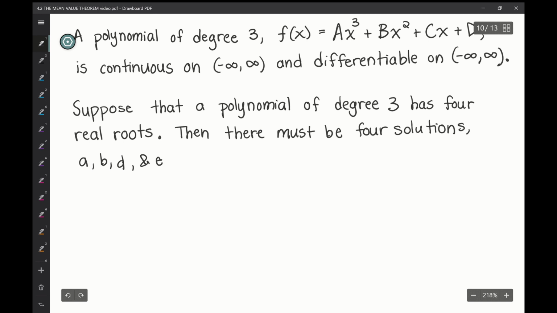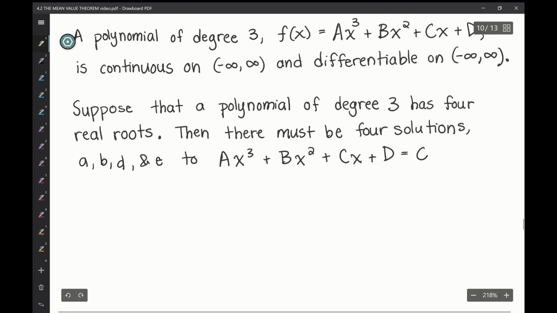See, these are the lowercase letters I was talking about. To the equation ax cubed plus bx squared plus cx plus d equals 0. So these are the solutions to this equation.